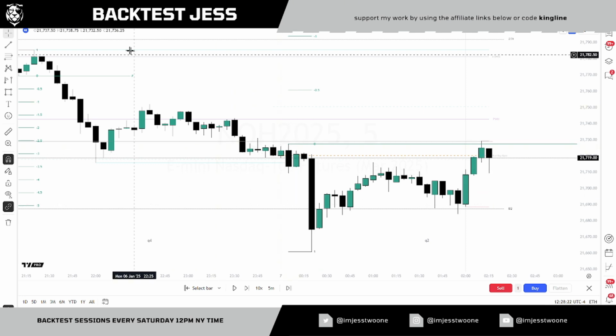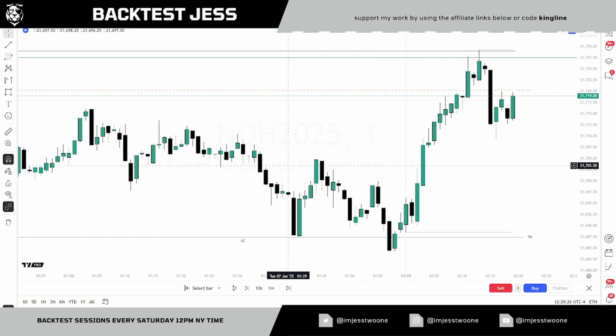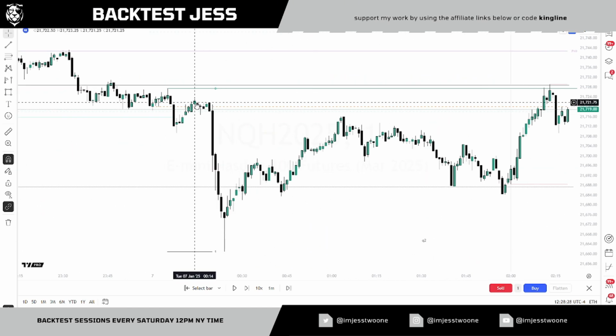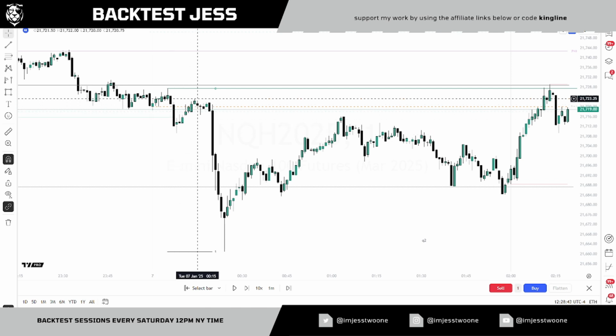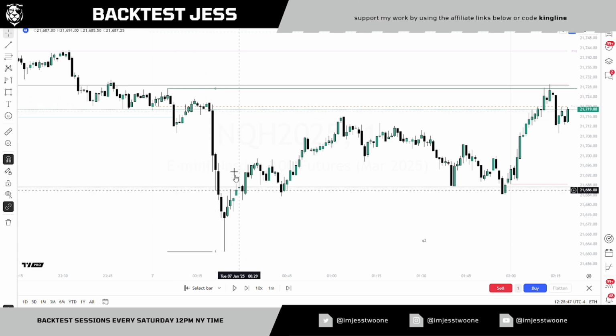Because fractally speaking, when we go to this up close candle on a 1 minute time frame, which is either one of these, let's see, this is 15, so I'm assuming it's 19, close lower. Okay, so it's this candle here, so it's this high, right? So on the 1 minute chart, yes, this is the swing high.